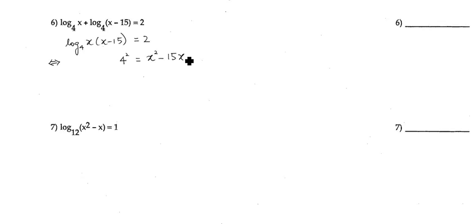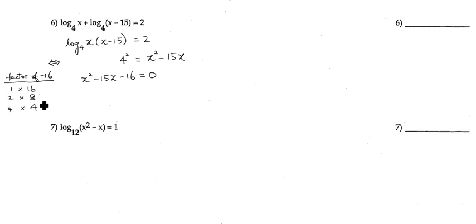Let's bring everything to one side. So 4 squared is 16. I minus 16 on both sides. We will have x squared minus 15x minus 16 equals 0. The best way to do it is to factor if we can. So we consider the factors of negative 16. That would be 1 times 16, 2 times 8, 3, no good, 4 times 4.